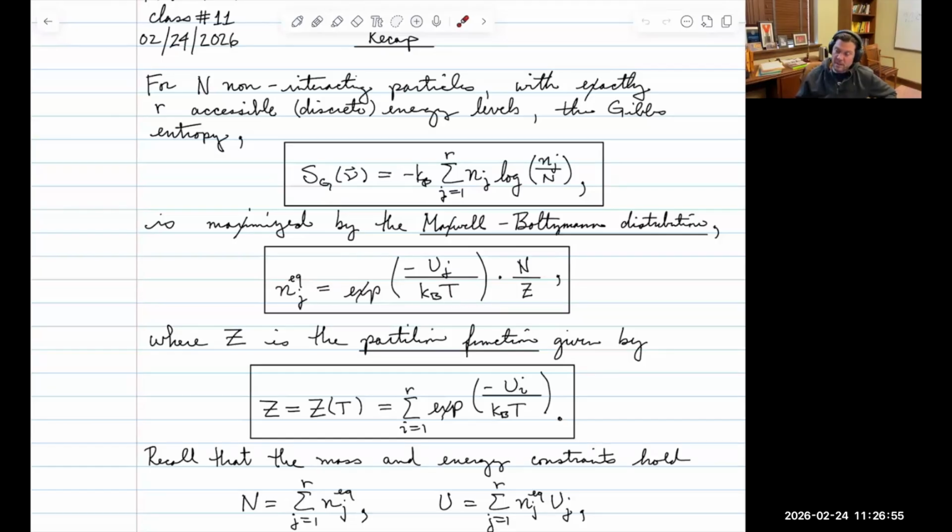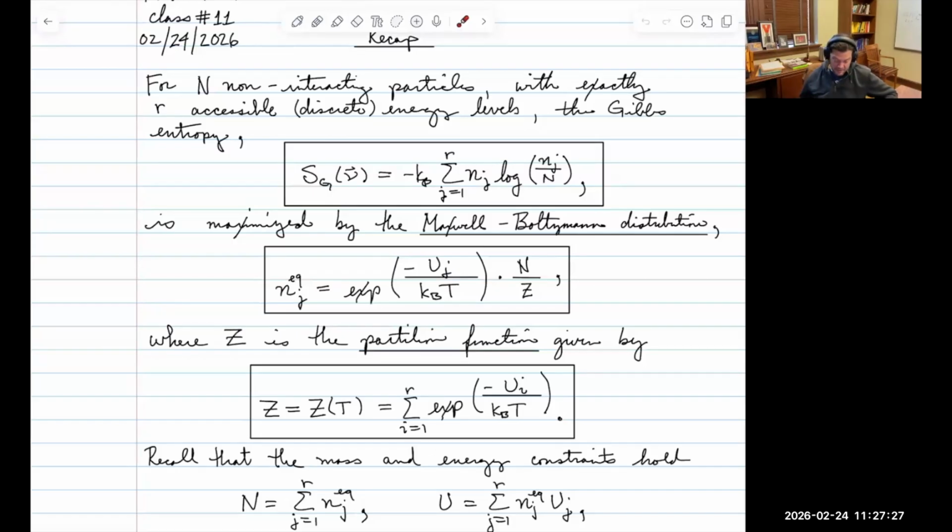We had before that there was a parameter here called beta. This beta parameter was a Lagrange multiplier, and it wasn't clear that this Lagrange multiplier would be related to anything. We said the best thing you can say about it is that it can be solved for uniquely, and it should depend on the total energy and the total number of particles, U and N. But then we showed that if I do a couple of manipulations, this beta can be related to 1 over the temperature.